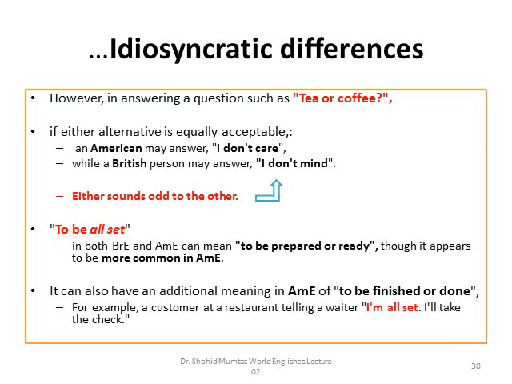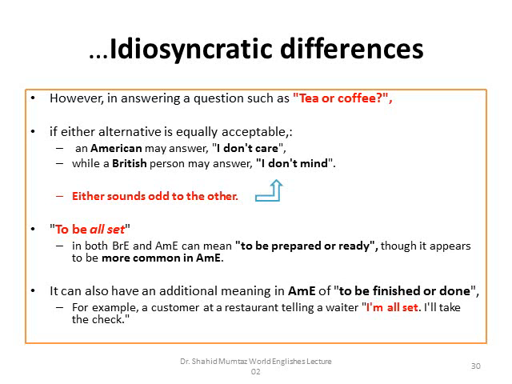So you say, "I don't care, whatever you bring, no problem." While British say, "I don't mind," I mean, whatever you bring, I don't mind. But either sounds odd to the other. "I don't mind" is odd for an American English speaker, and "I don't care" is odd for a British speaker.